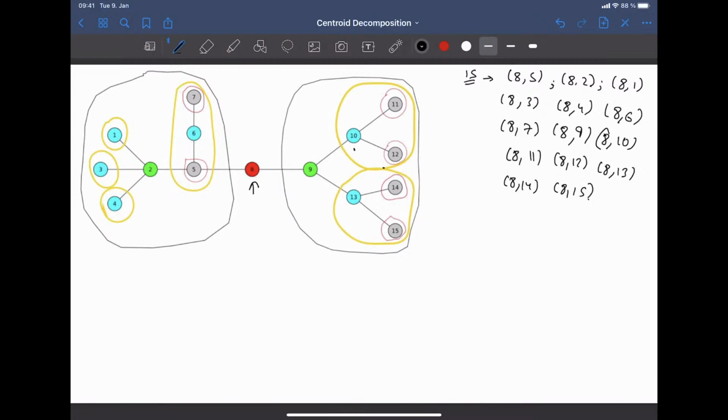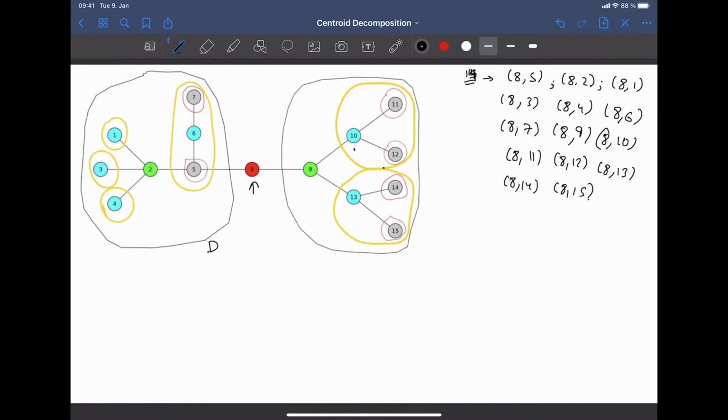Okay, so these are the 15 paths that we have processed. Have I missed something? Yeah, there are actually 14 paths which we have processed, because the path starting at 8 and ending at 8 is a zero-length path. Okay, so this is the first step.